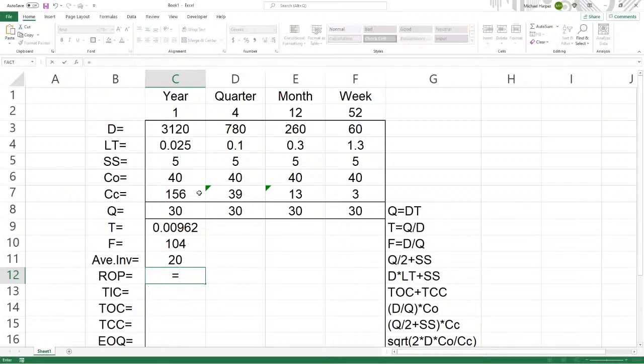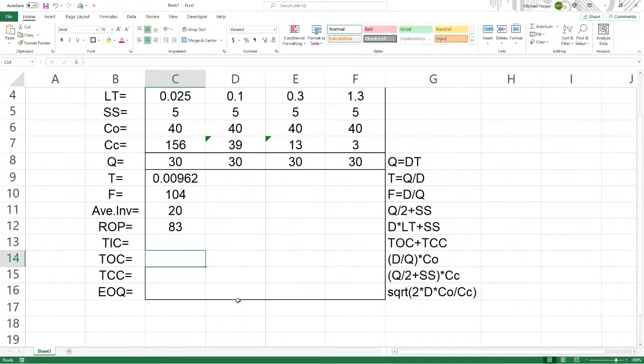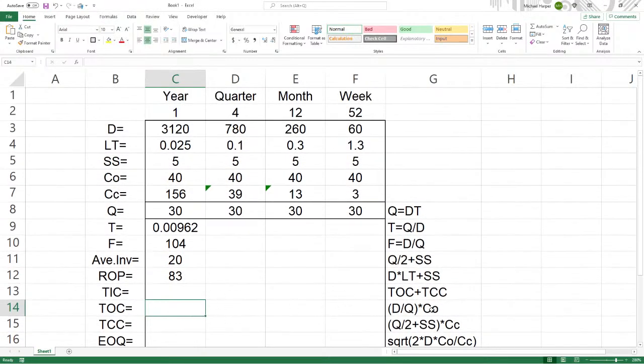ROP equals demand times my lead time plus my safety stock. Where are you? There you are. Okay. Total inventory cost. Well, let's do these down here first. The total ordering cost. That's going to equal, I'll say C sub O first. Ordering cost times my demand divided by my Q. Okay, and there that is.